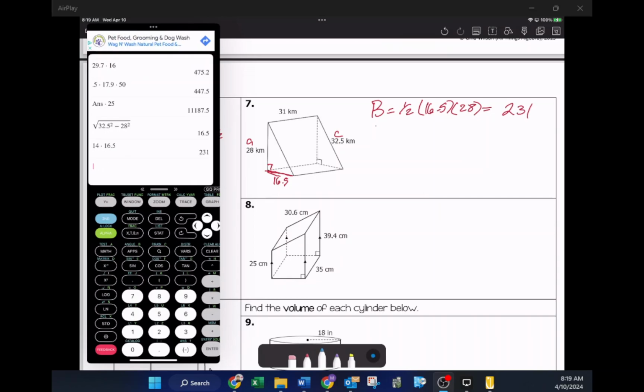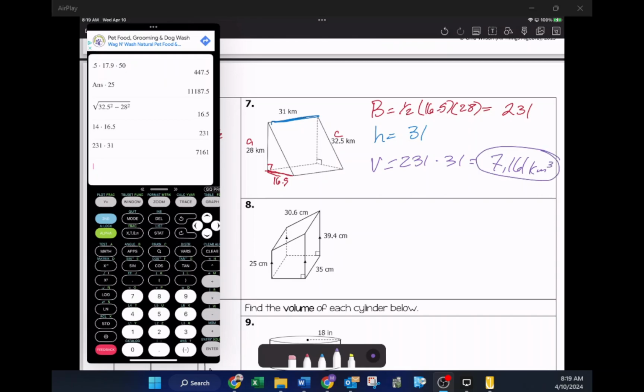The height is the distance between the bases, 31. So volume is 231 times 31, which is 7,161 kilometers cubed.